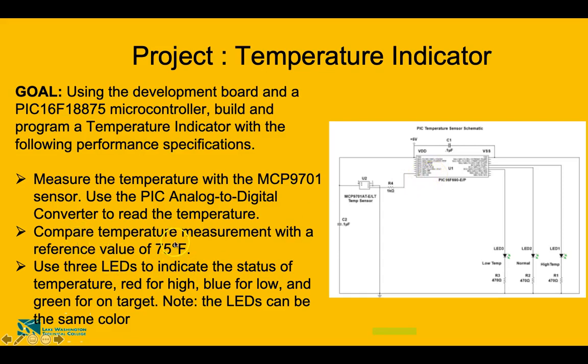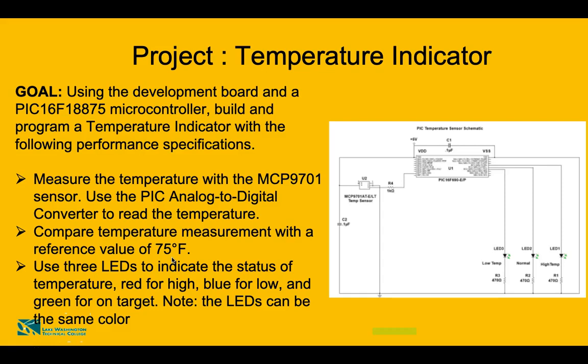And you are going to compare the temperature measurement with a reference value of 75 degrees Fahrenheit. So 75 degrees Fahrenheit is going to be your reference temperature. You have to measure the temperature, and you will have three different outcomes. One is going to be your target, and the other two are either high or low.